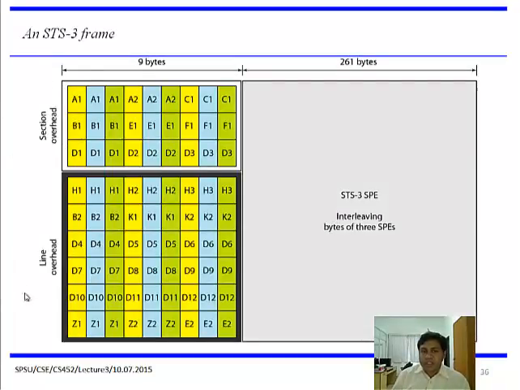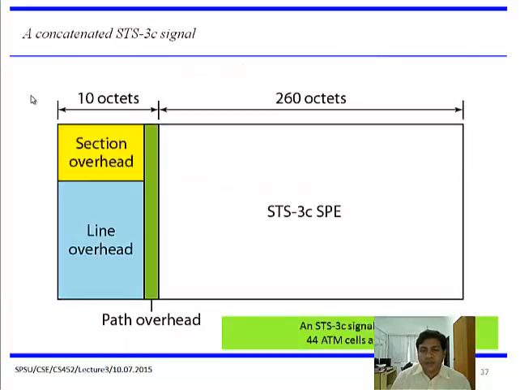So this is the architecture. In combining different sections, we can calculate the byte interleaving in such a way. After calculating from different inputs, this is the optical fiber signal STS3 or OC3. This is the signal we create after byte interleaving.